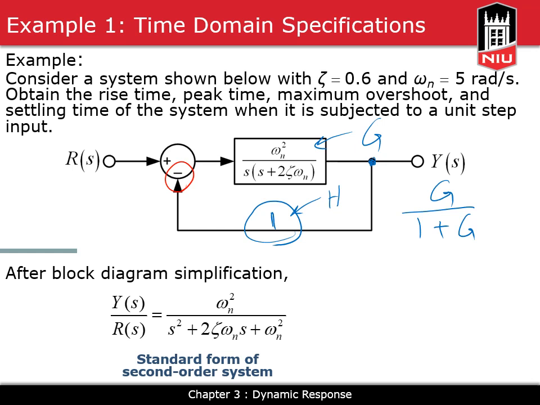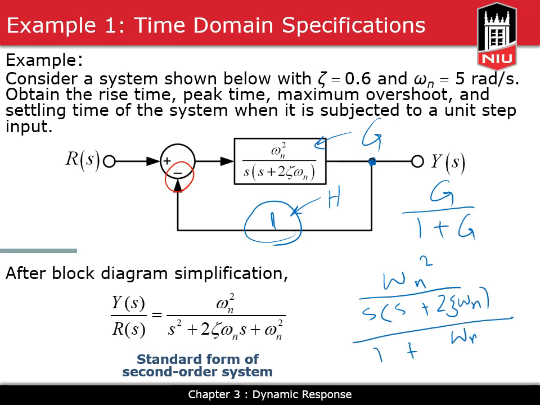If you're not sure about this, you can just write G over 1 plus G. G is omega n squared over s times s plus 2 zeta omega n, over 1 plus the same thing, omega n squared over s times s plus 2 zeta omega n.